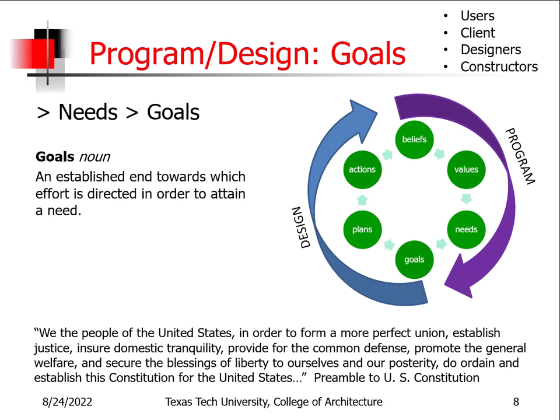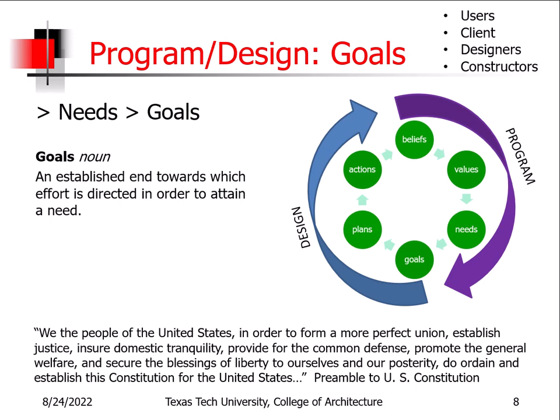We, the people of the United States, in order to form a more perfect union, establish justice, ensure domestic tranquility, provide for the common defense, promote the general welfare, and secure the blessings of liberty to ourselves and our posterity, do ordain and establish the Constitution for the United States.